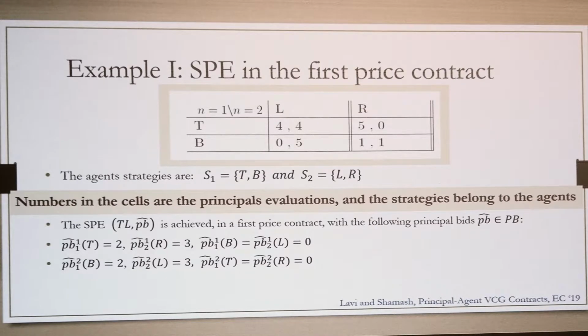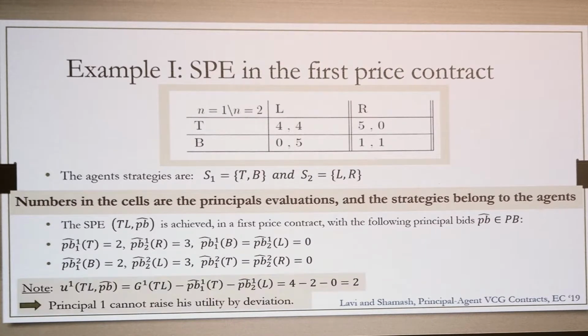So that's a good subgame perfect equilibrium because it's quite efficient. What principal bids bring us this subgame perfect equilibrium? These PB hats. Why is this an equilibrium? Because the agents obviously have no incentive to deviate, because agent 1 is being offered 2 whether he chooses top or bottom.